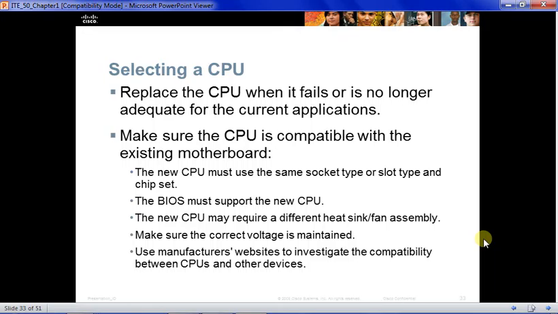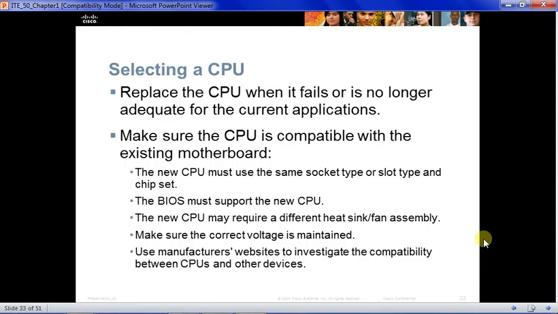You'll need to check and see if the CPU you're going to upgrade with will work with the heatsink that you had before, or do you need to buy a heatsink and CPU together? And if you're going to do that, you're going to need to make sure that that heatsink and fan assembly will work with the motherboard that you have. Make sure that you have enough voltage to use the CPU.